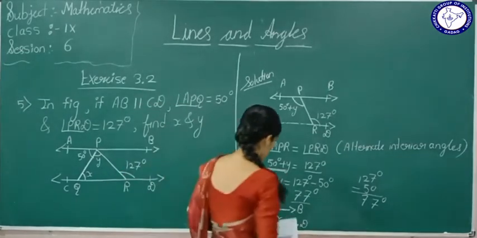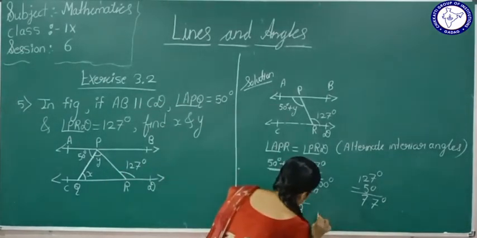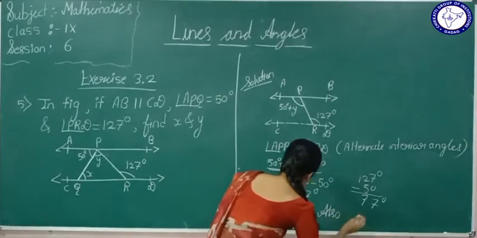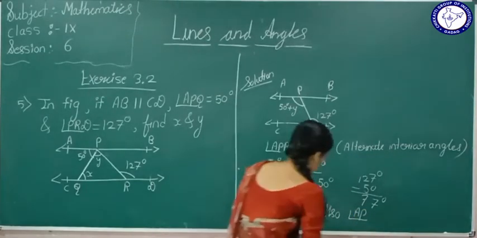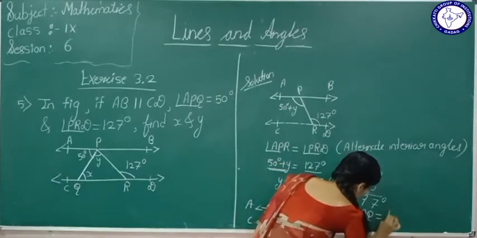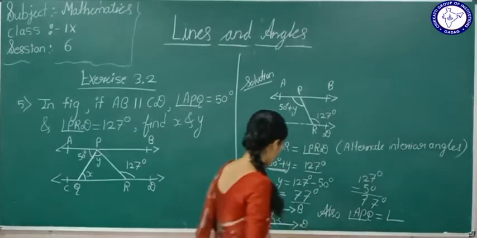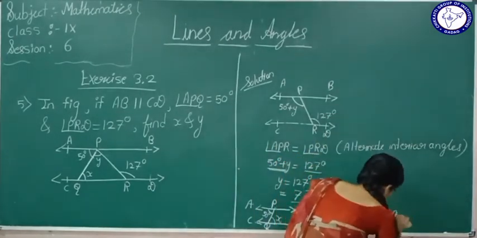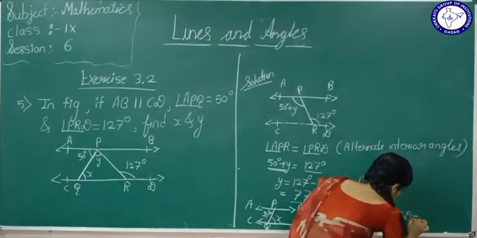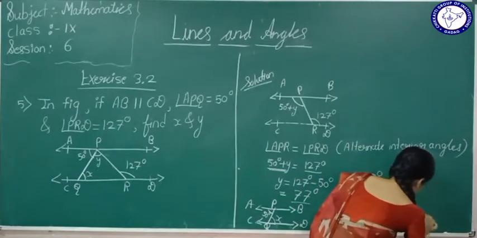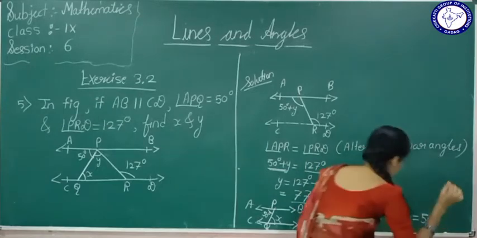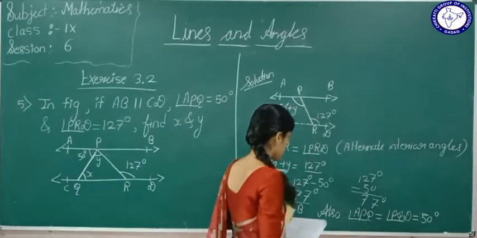So what can we tell here? Also angle APQ is equal to angle PQD, and PQD is equal to 50 degrees. What is the reason?